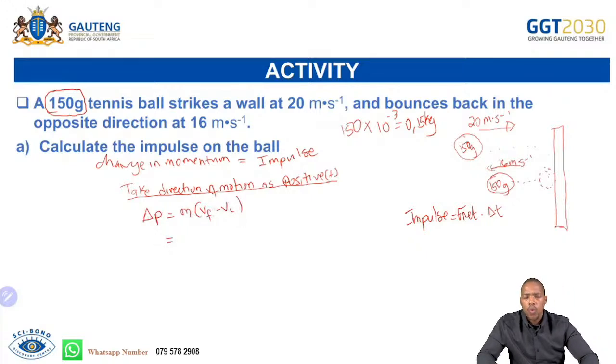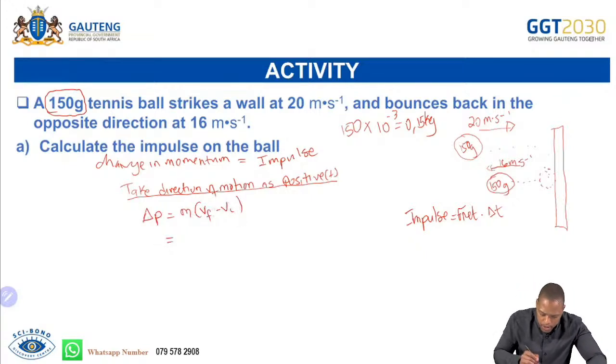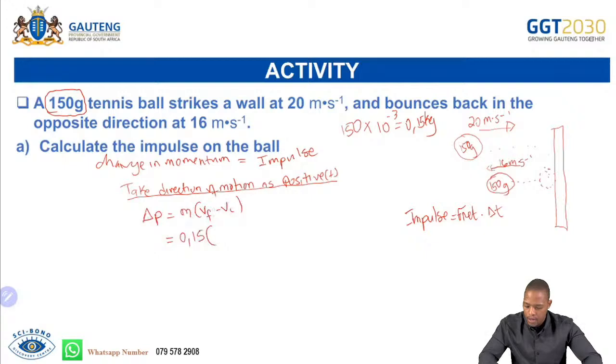Then from there, I substitute. What is my mass? My mass is 0.15 kilograms, converted from 150 times 10 to the power minus 3. By the way, you can just substitute it here as times 10 to the power minus 3 if you want. It will make life easier for yourself. And then the final velocity is 16 meters per second.